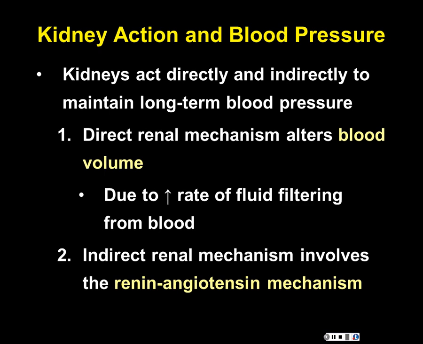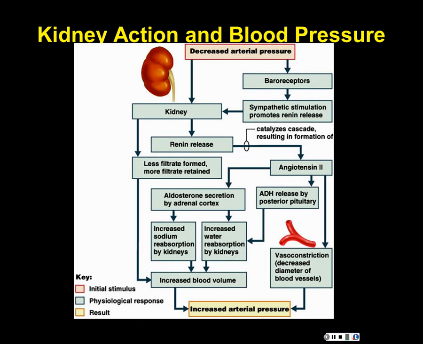renin-angiotensin mechanism. So a picture's worth quite a bit, and this really summarizes the hormonal cascade that affects the kidney. It looks like a big mess because, as I mentioned, the endocrine system does this, then that, and that. And then we can change blood volume, then we can change blood pressure.